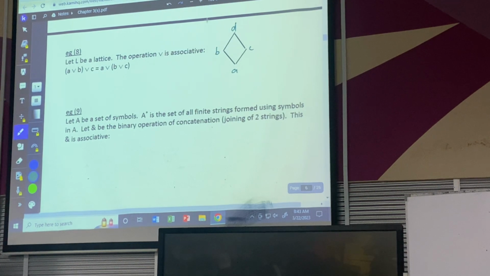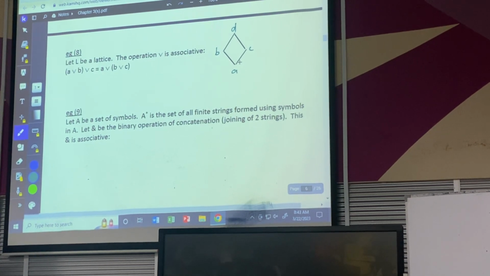So, let's say I take A and C. What is the greatest lower bound? Greatest lower bound for A and C? A. Greatest lower bound for A and B?